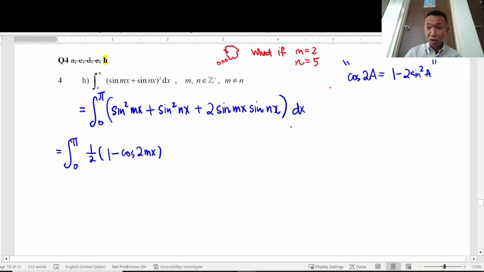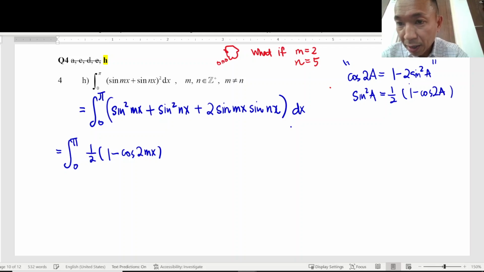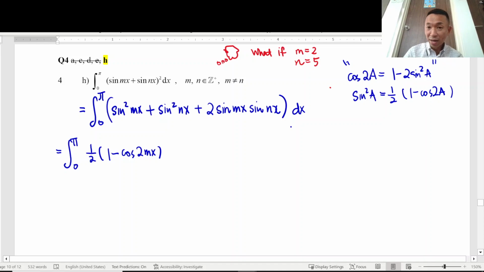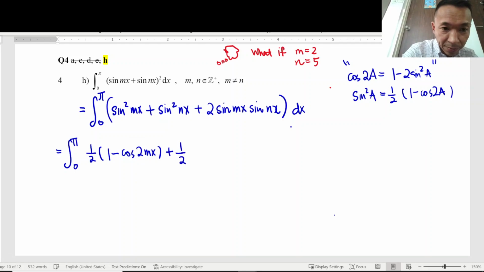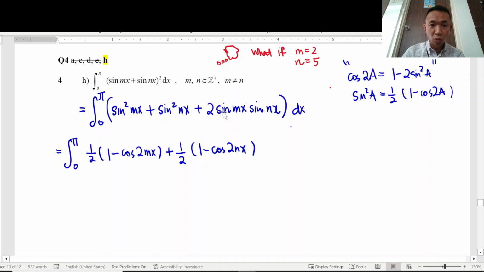You rearrange this, you will get sine square a equals to half 1 minus cosine 2a. The line above is a formula list, the line below is just rearranged. So you can do this. Similarly, you can get a half 1 minus cosine 2nx. Then what happens to this 2 sine mx sine nx?